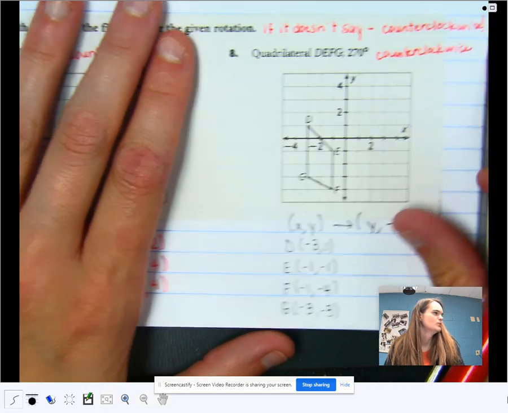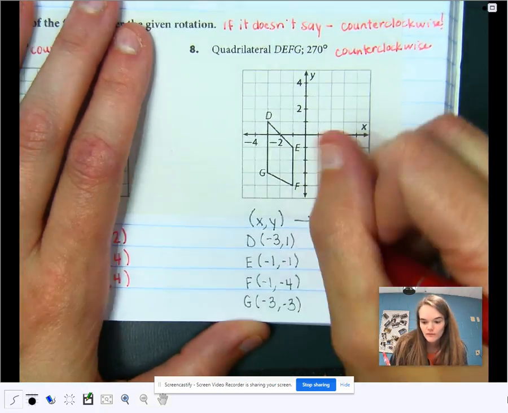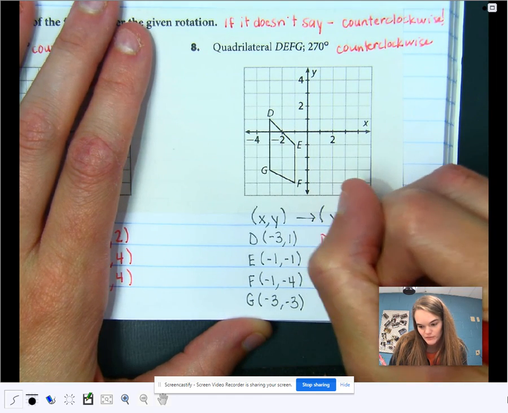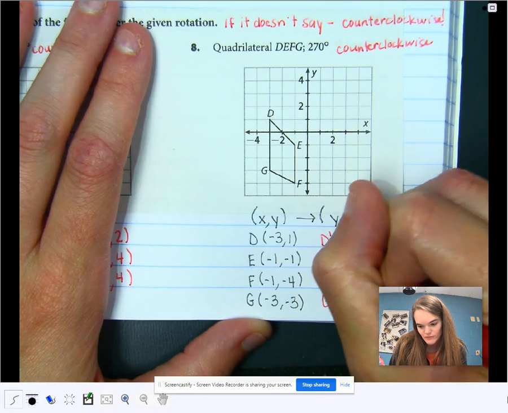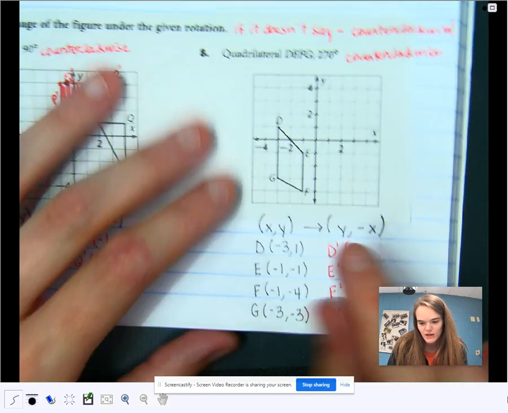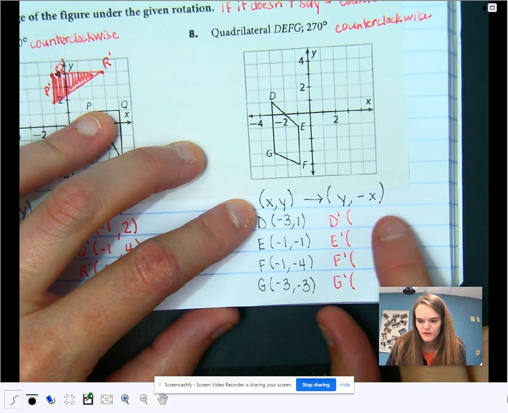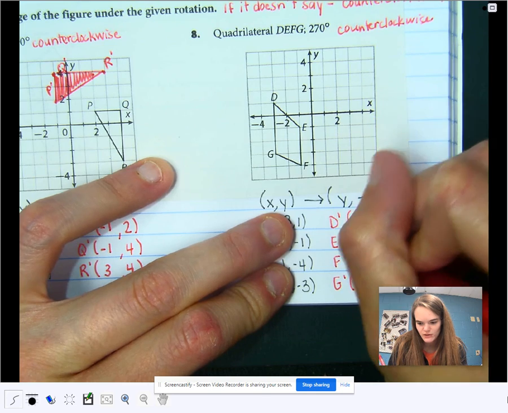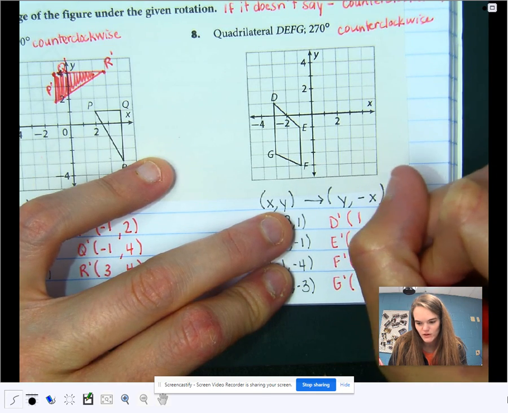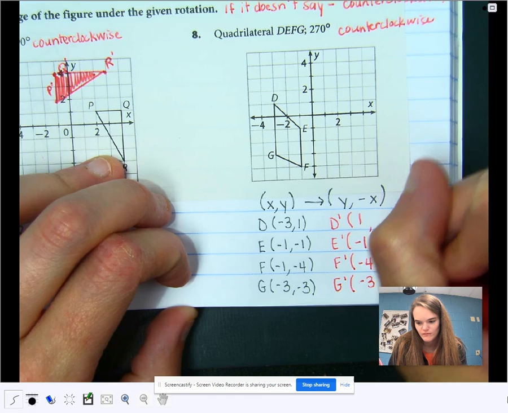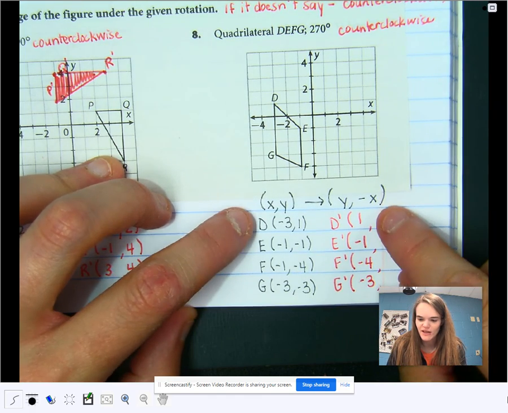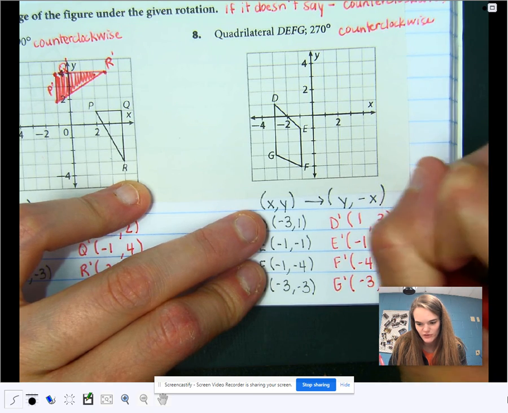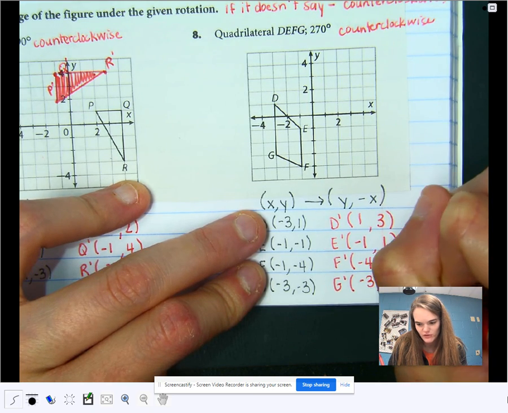And I'm going to use the rule. D prime, E prime, F prime, G prime. Y goes first. 1, negative 1, negative 4, negative 3. Then I take X, but it's the opposite. So instead of a negative, it's positive. Positive, positive, positive.